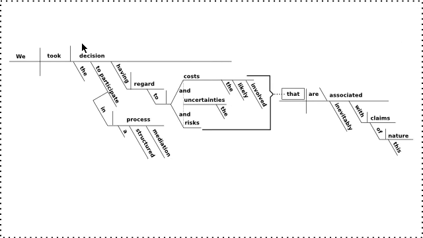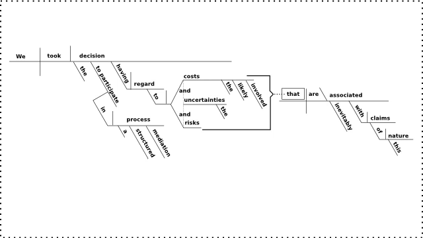We took the decision to participate in a structured mediation process having regard to the likely costs involved and the uncertainties and risks that are inevitably associated with claims of this nature. And there you have it. You can see graphically the complexity of this. And this is called a complex sentence because it has an independent clause and a dependent clause.